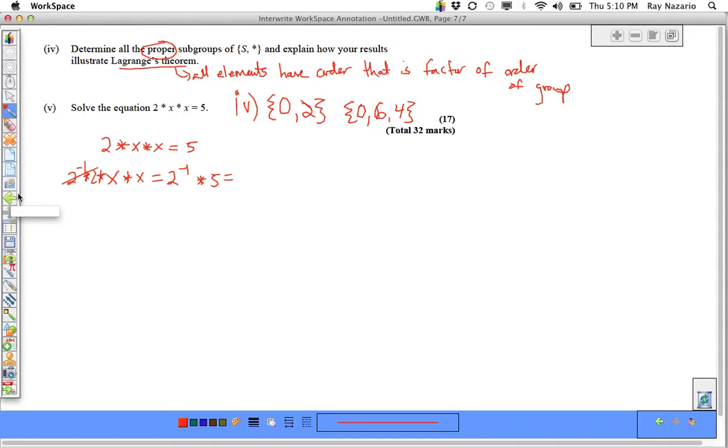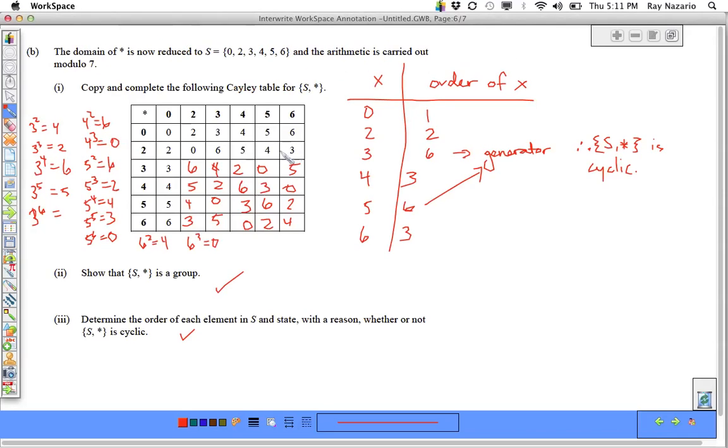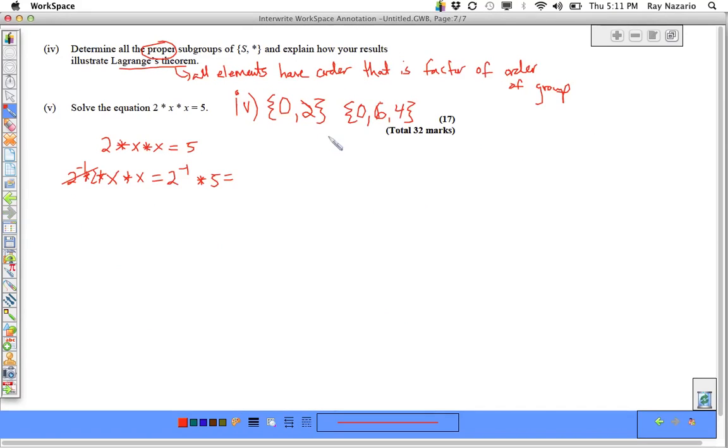So I'm going to go to my Cayley table. I'll find the inverse of 2. Here's 2. The inverse is the element which gives me identity when operated. It's itself. So it'll be 2 star 5, which is going to be 4.